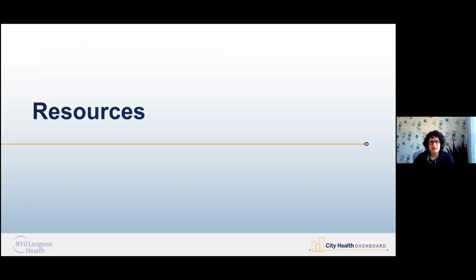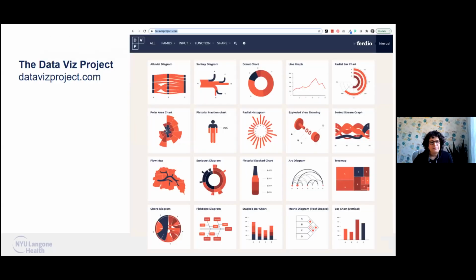Lastly, moving into some helpful resources. These are really practical tools to play with data visualizations and learn more about communicating data. First, the Data Viz Project is really fun. It's a great display of data from a firm, I think, based in Europe somewhere.